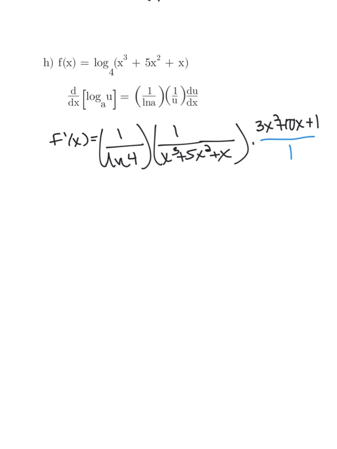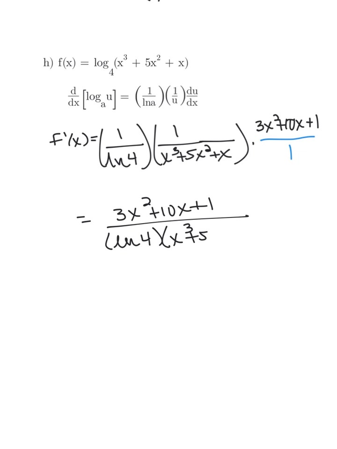So now multiplying those fractions, 1 times the quantity gives us the quantity 3x squared plus 10x plus 1, over the natural log of 4 times x cubed plus 5x squared plus x. You cannot do anything else to this. That is your answer.